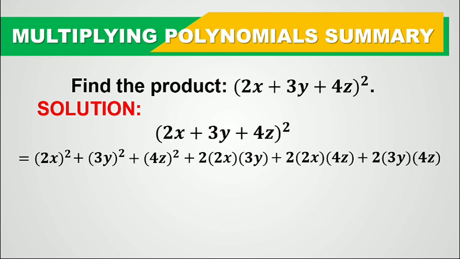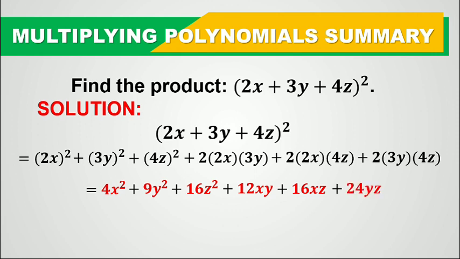And then let's simplify. So quantity 2x squared, that's 4x squared. And then quantity 3y squared, that's 9y squared. And then quantity 4z squared, that's 16z squared. And then plus 2 times 2x times 3y, that's 12xy. And then plus 2 times 2x times 4z, that's 16xz.